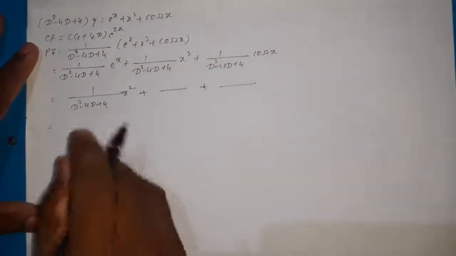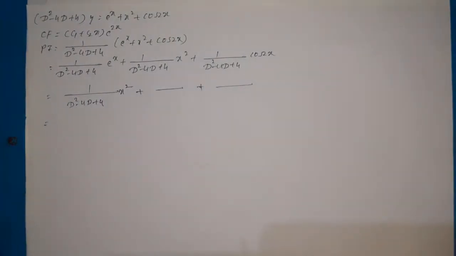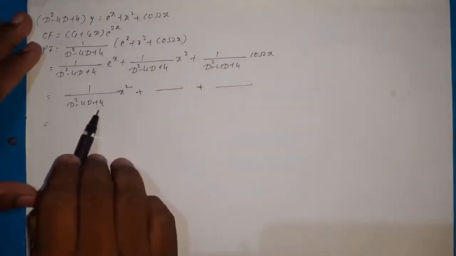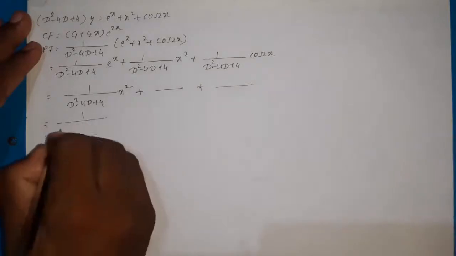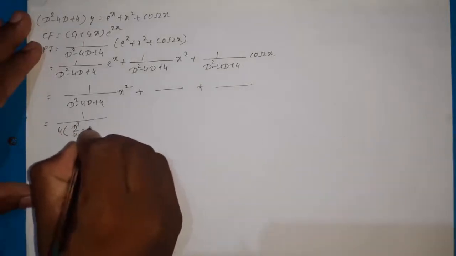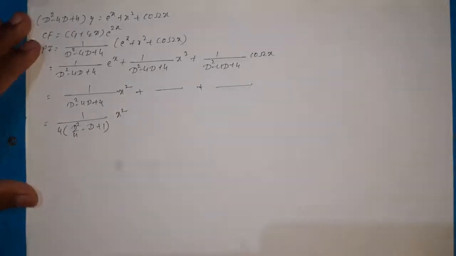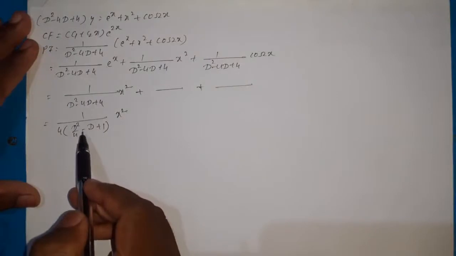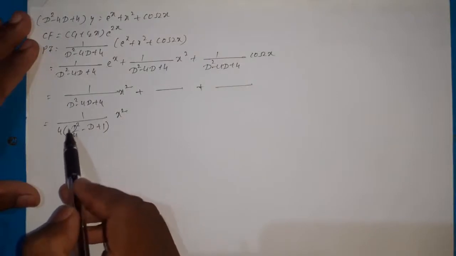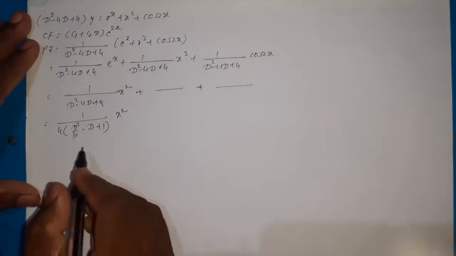And here the first step of finding the particular integral is we need to take out the lowest degree term outside. So here the lowest degree term is 4, so that becomes 1 by 4 into (D square by 4 minus D plus 1) x square, because the 4D becomes D since we have taken 4 outside, and here there is no D, means in the denominator that will be 4.